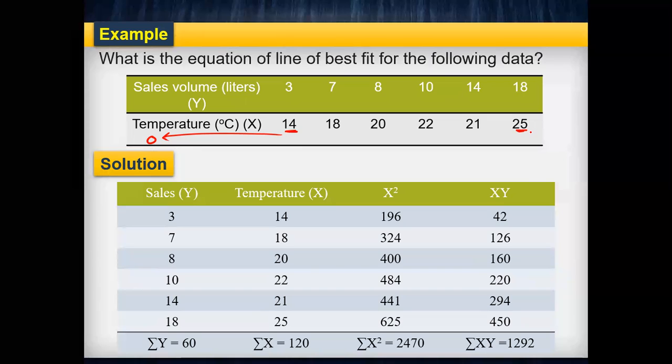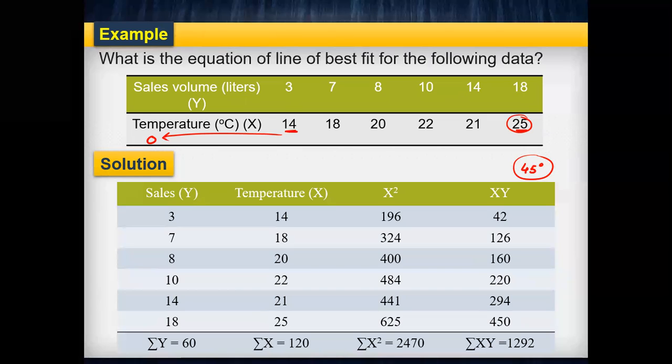Similarly, if I say calculate the sales when the temperature is 45 degrees centigrade, this 45 is too much away from the highest temperature. You will get a mathematical answer, but that answer will be unreliable.